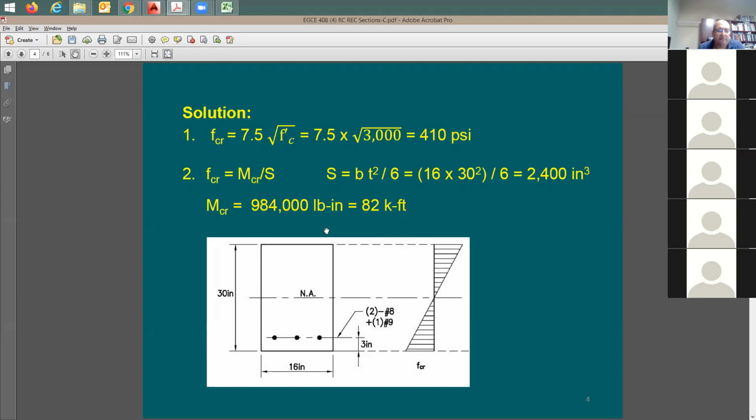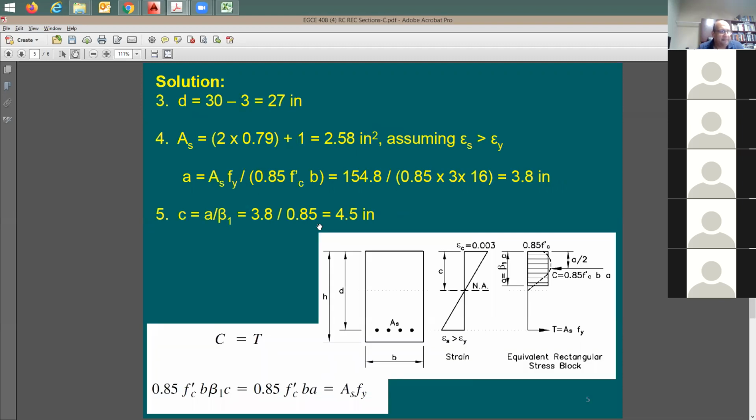And then for the pounds, divide by 1,000. Very good. Thank you. All right, item number 3, the depth. This is easy because what you need to do is just take 30 minus 3 inches, because the 3 inches was from the bottom fibers of the concrete section to the center of the rebars. That was 3 inches, so 27 inches.